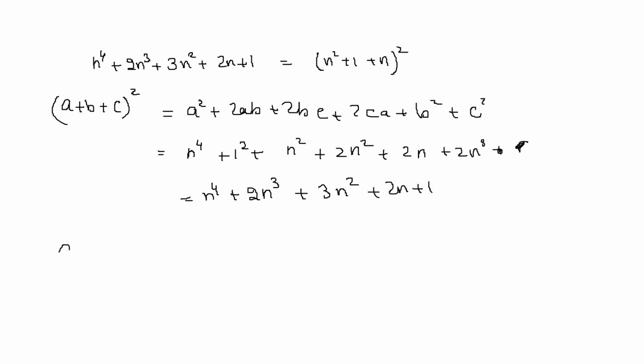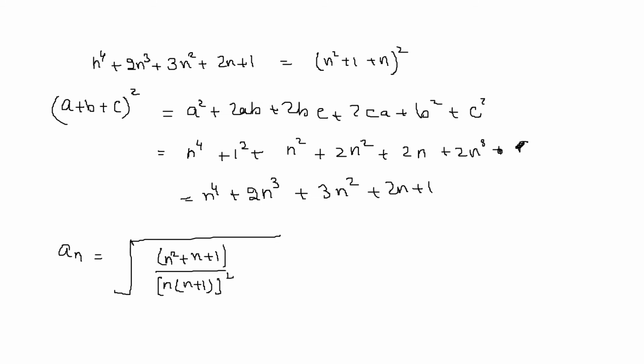So from here we get a_n is the square root of n square plus n plus 1 over n into n plus 1 whole square, and the square and square root will cancel out, and we get n square plus n plus 1 over n into n plus 1.